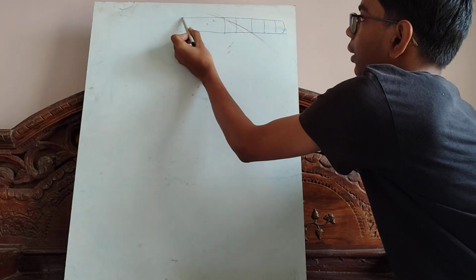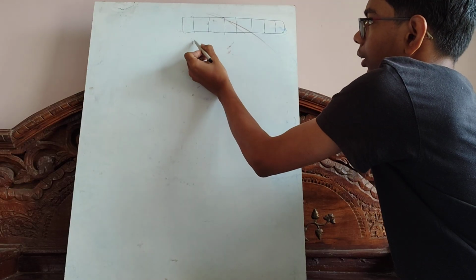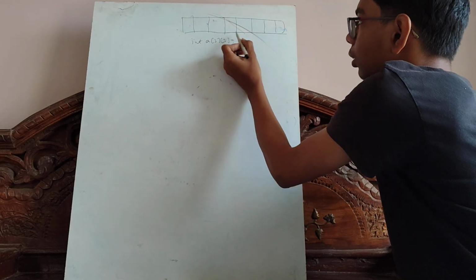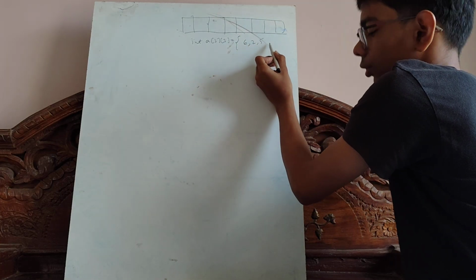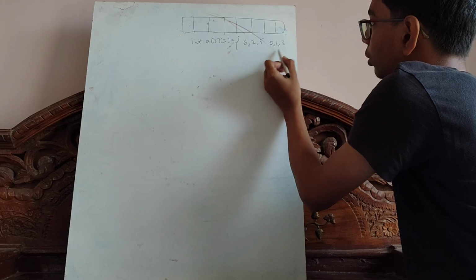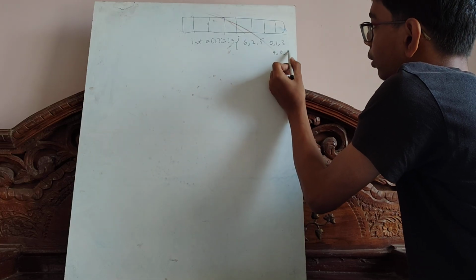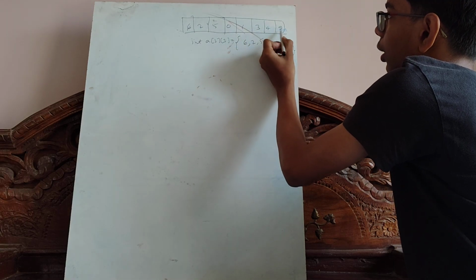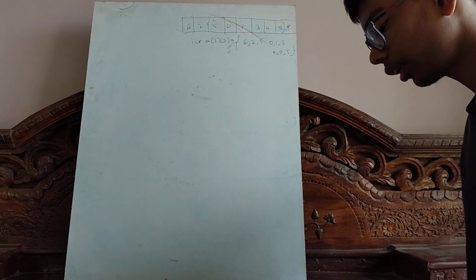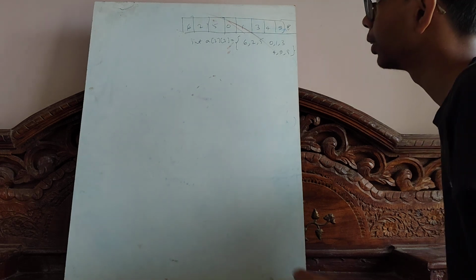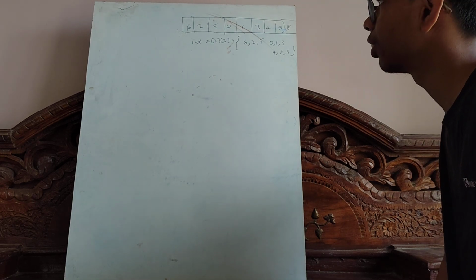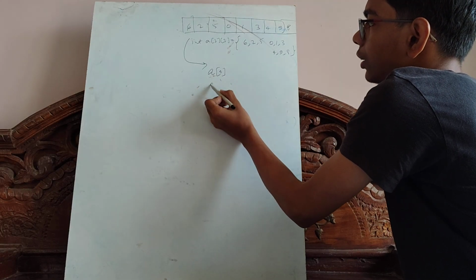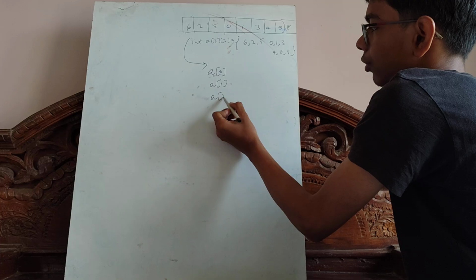I declared an array at compile time, int a[3][3], with values 6 2 5 0 1 3 4 9 8, right. Now this can be represented as an array of arrays, like this. Each row is an array in itself, right.